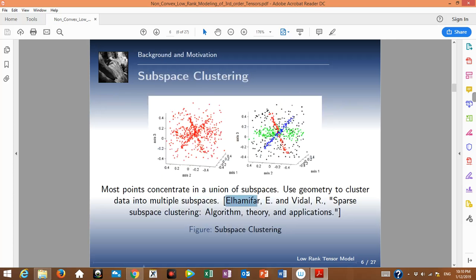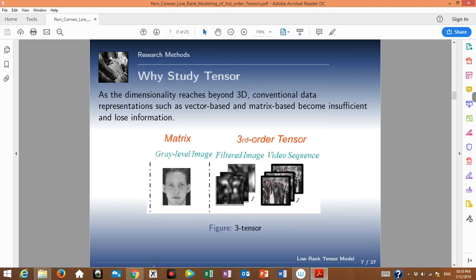So those are old low-rank modeling for matrices. Now we go to tensors. So why do we need to study tensors? For example, if we look at this grayscale image, this human face, we know that we can store this human face in MATLAB as a matrix.